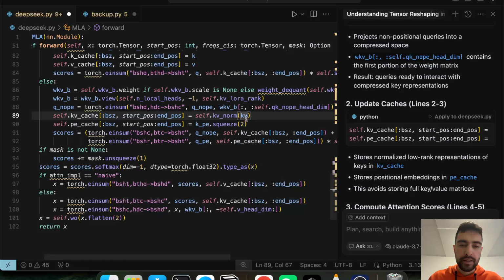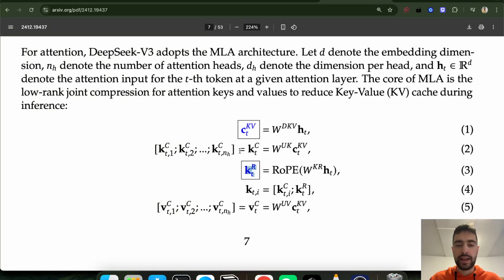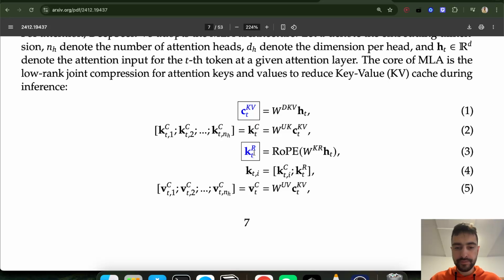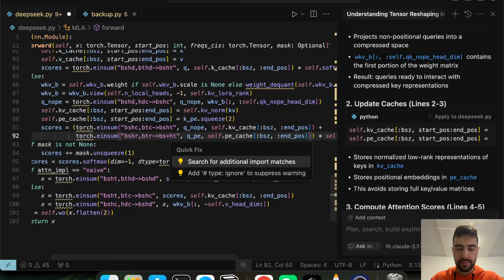And I believe unsqueeze 2 is because they're going to concatenate these to these, so they need to match the dimension of the positional encoding embedded head. So you see here, this is just one vector, but here, this vector is divided into a bunch of vectors. So this long vector has smaller head vectors. So you need to add one dimension around here, because then this vector will get matched to each head.